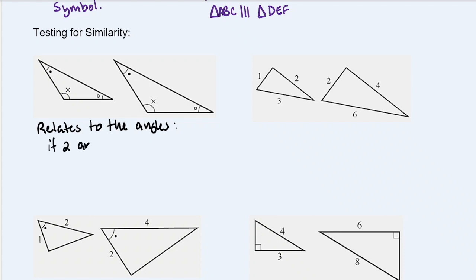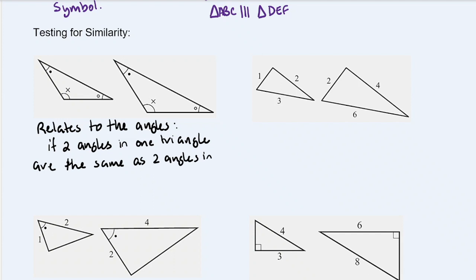So if two angles in one triangle are equal or are the same as two angles in a second triangle, they are similar.